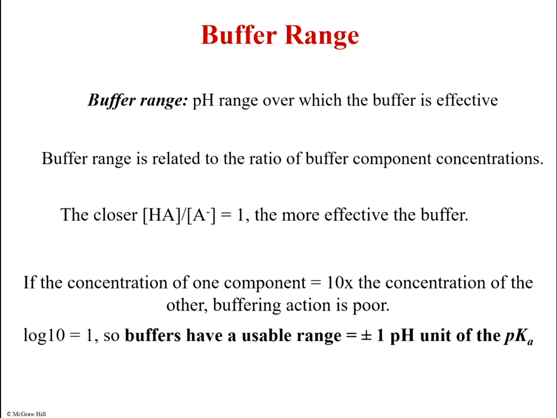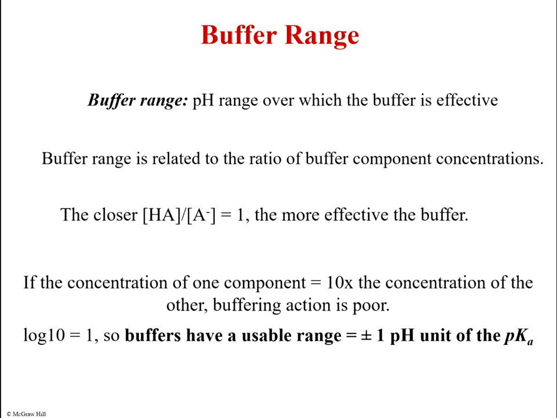Now, in considering the ratio of weak acid and weak base to maintain a good buffer capacity, we consider something called the buffer range. The buffer range is the pH range over which a given buffer is effective at slowing down or minimizing pH changes.